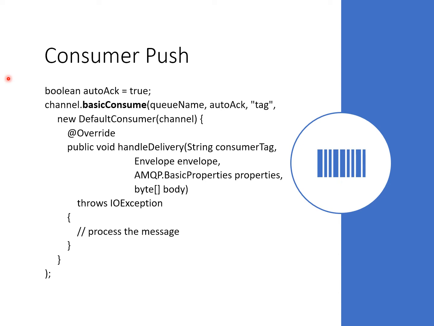Consumers issue a call to the basic consume API, and when a message is available for the consumer from the queue, the RabbitMQ client library on the consumer invokes the callback in another thread associated with this channel. The code on the slide is an example that shows how to receive messages using an object of type default consumer that is passed to the basic consume method to establish a connection.